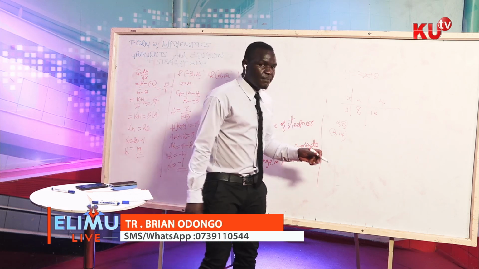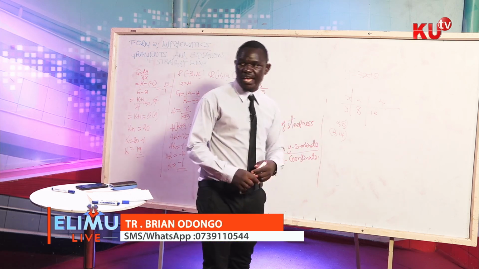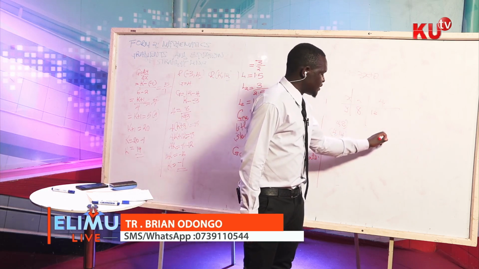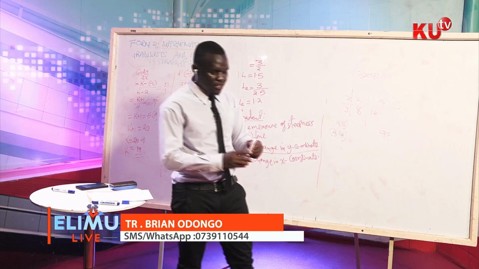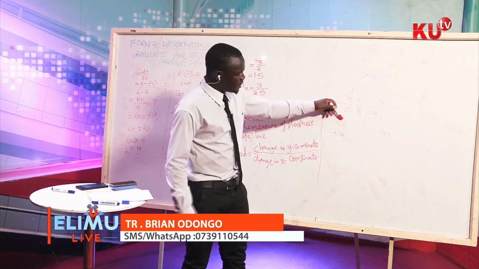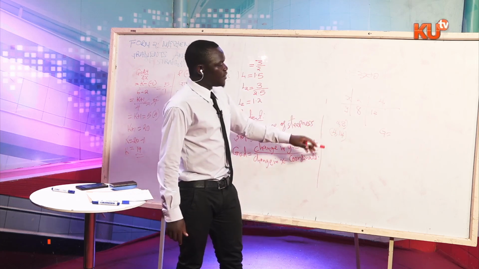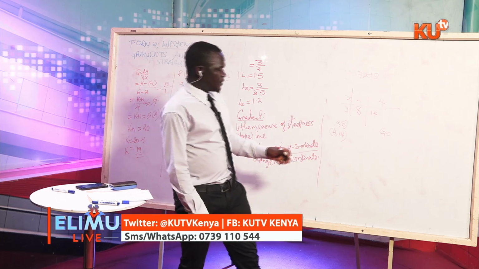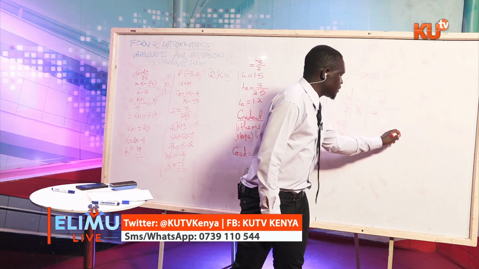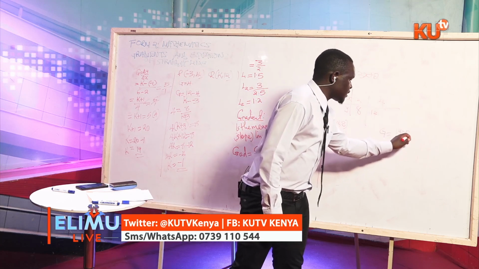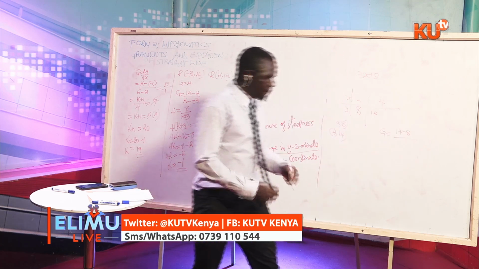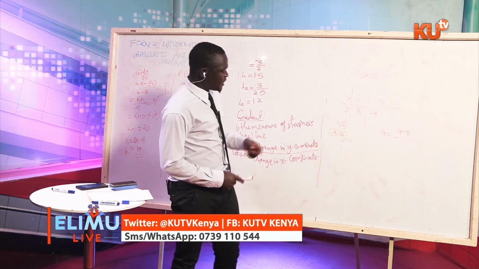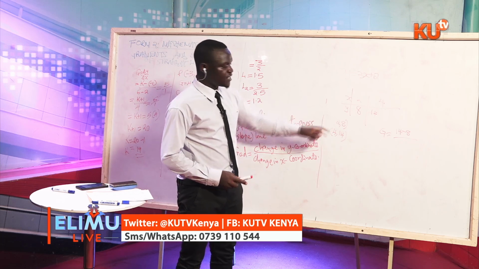Gradient is simply given by change in y over change in x. Now, dear students, the change in y is the change in the y values, okay? For my case, it is 14 minus 8, all over the change in the x coordinates, which is 4 minus 2.